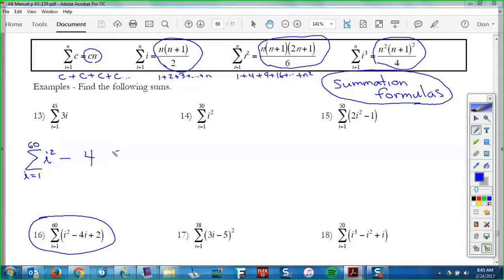Out front. 4 sigma i equals 1 to 60, and then what will be inside the sigma? i, plus sigma i equals 1 to 60 of 2, like that. Are you with me?